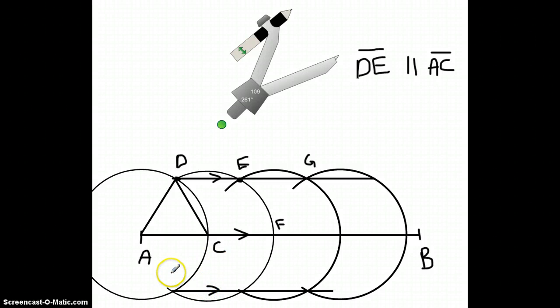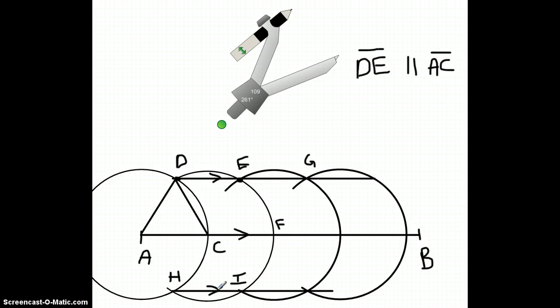So if I label this H, and I, we can say that DE is parallel to AC, but that's also parallel to HI. Therefore, DE is parallel to HI. So we've actually created three sets of parallel lines.